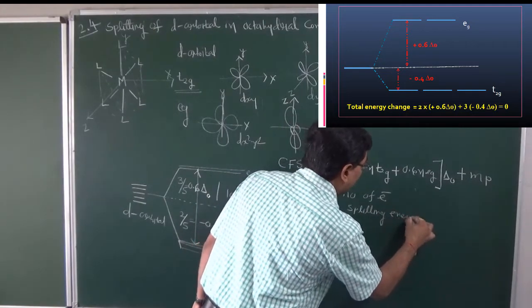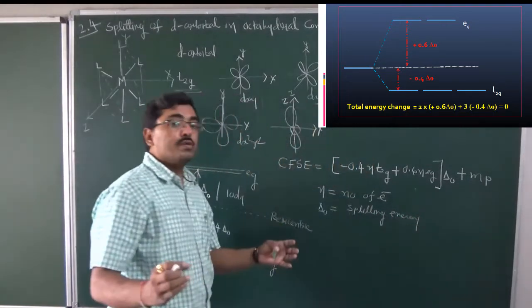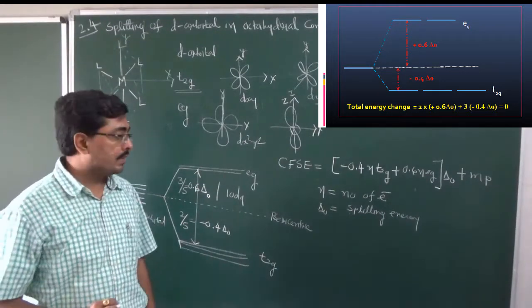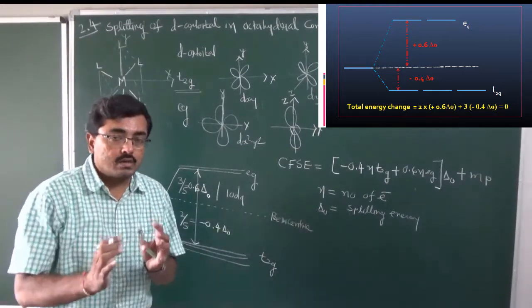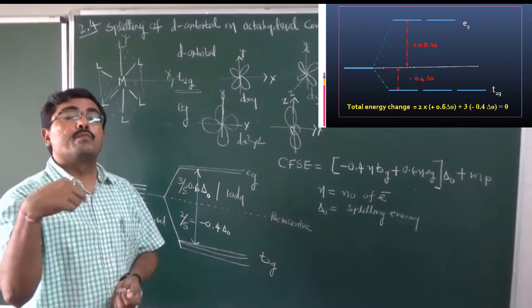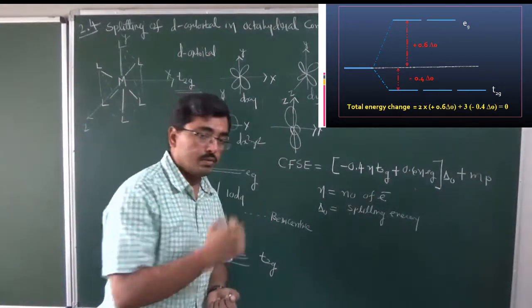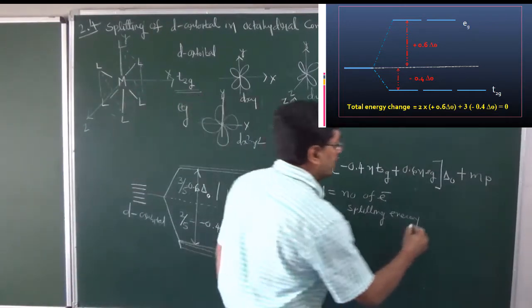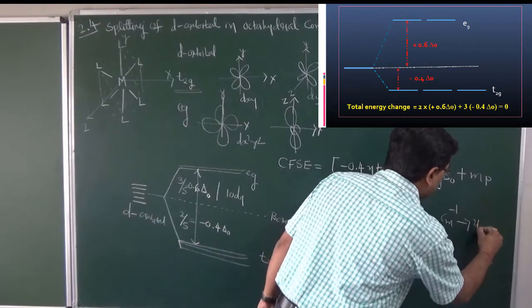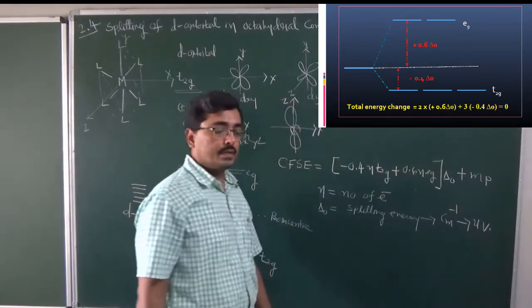You can calculate this splitting energy with the help of a UV spectrophotometer, which measures the amount of energy absorbed from white light. The splitting energy is expressed in centimeter inverse.